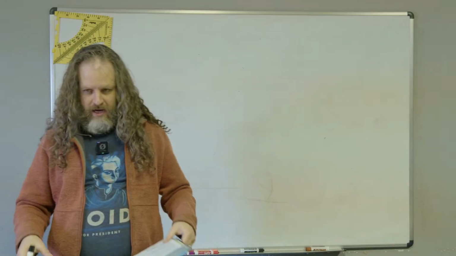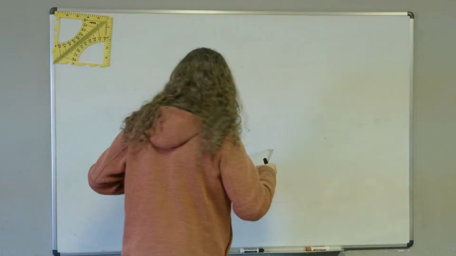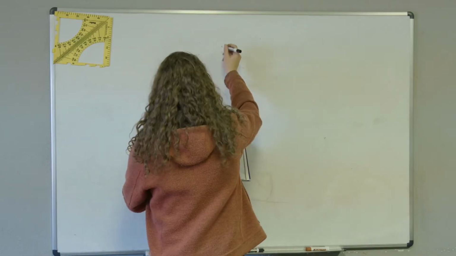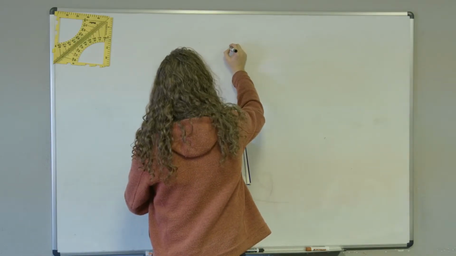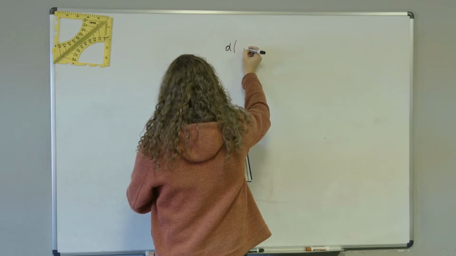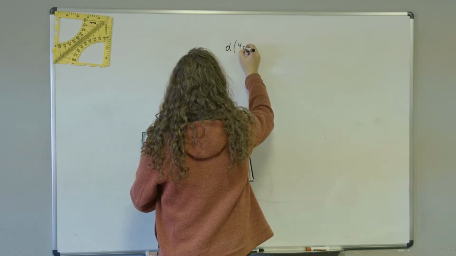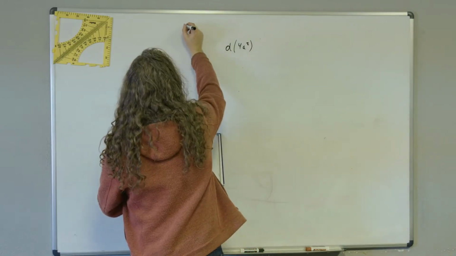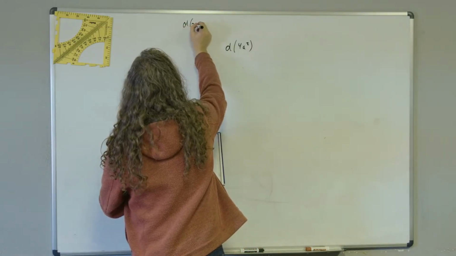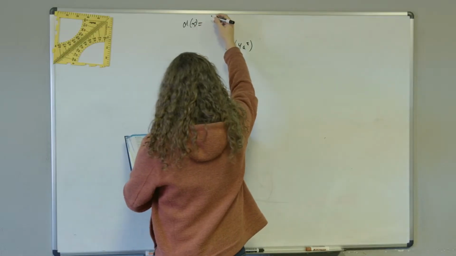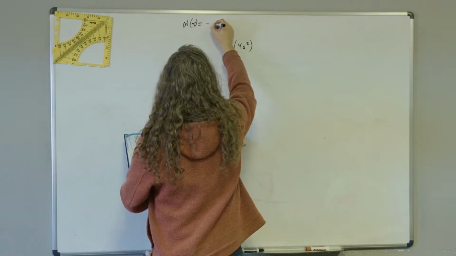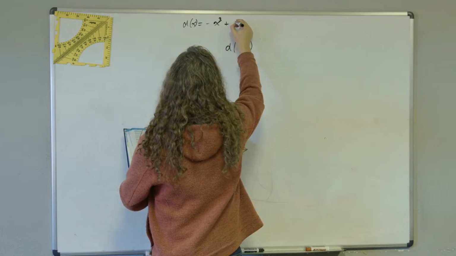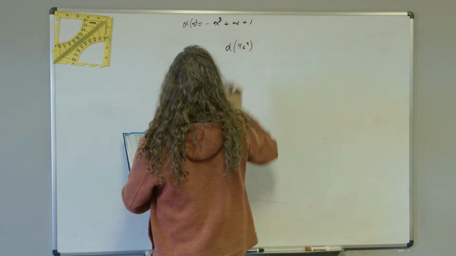This one we can't use synthetic substitution. Sad, because there's letters. So 32 says it wants to find d of 4a squared. And the relevant bit from the top is that d of x equals negative x cubed plus x plus 1.